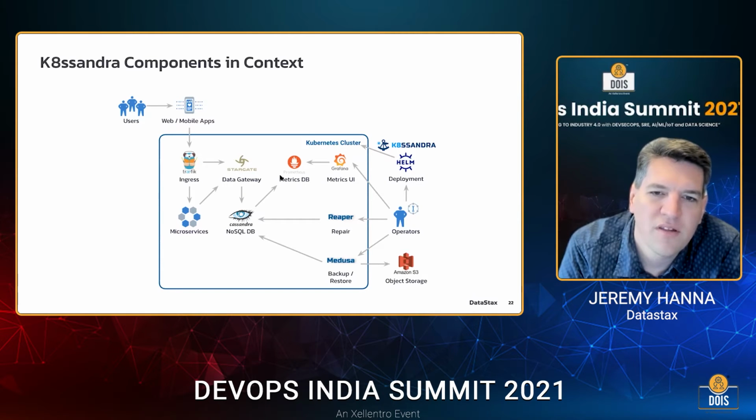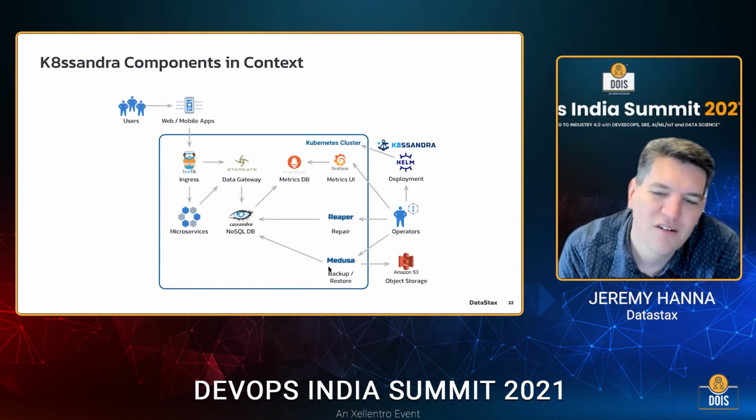Prometheus will collect all of the metrics information, and that's exposed through Grafana, and then Reaper has a sidecar that talks to Cassandra to make sure that everything stays in sync. Medusa stays in sync with the sidecar also to make sure that the backup and restore is going according to its scheduled processes.